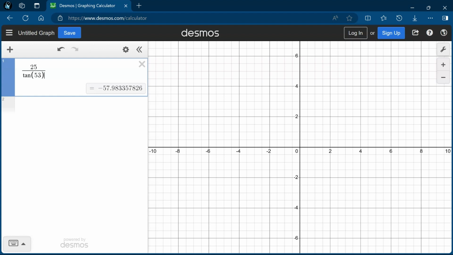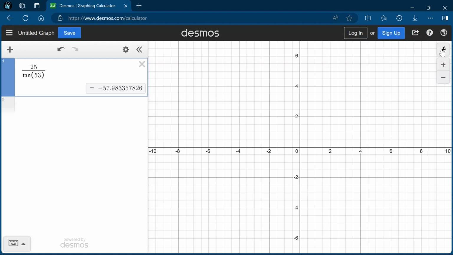Now there's no degree symbol when we use Desmos, so we need to set what unit we're using here. Right now it's computing 25 divided by the tangent of 53 is equal to negative 57, which obviously doesn't make sense. We can't have a ratio that's negative here, and we can't have the length of a side that's negative. So that doesn't make sense.